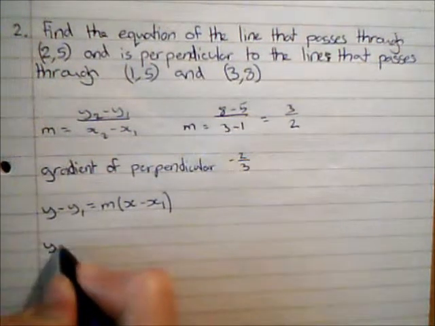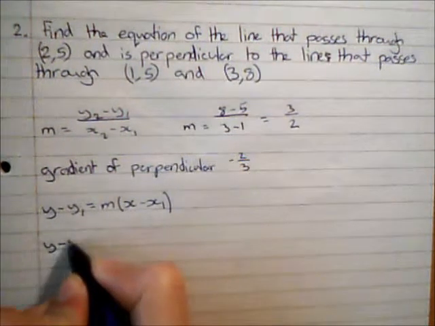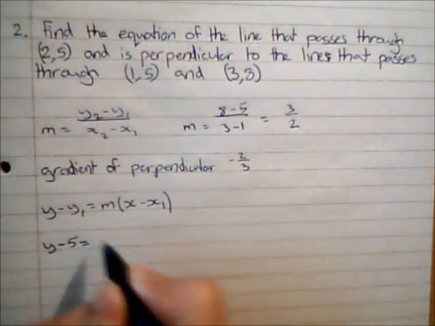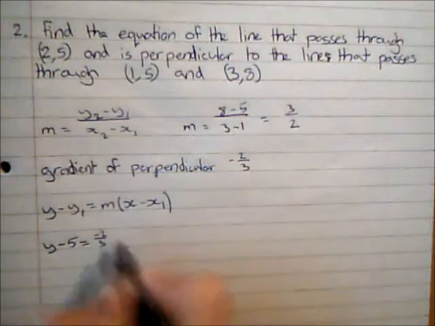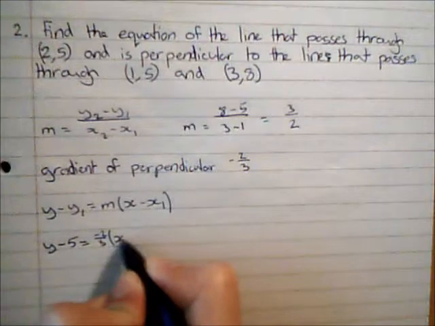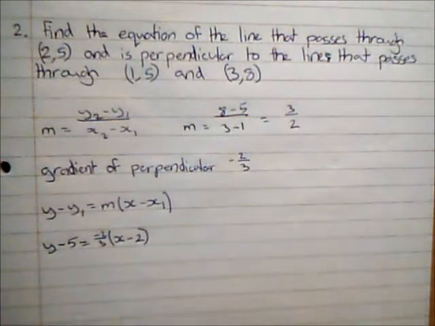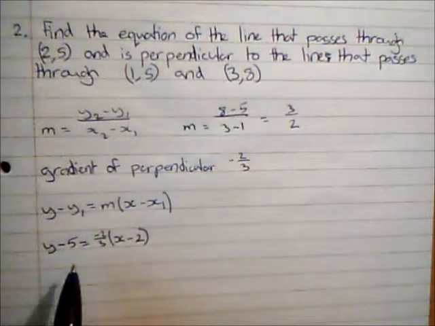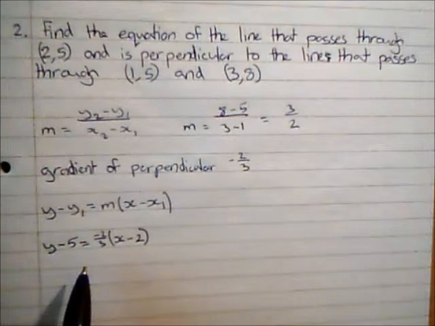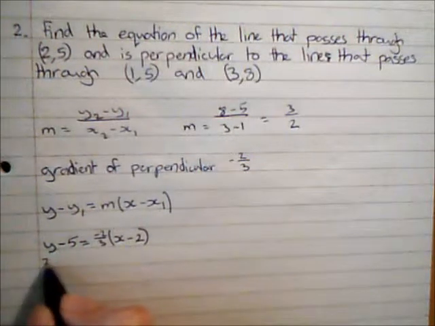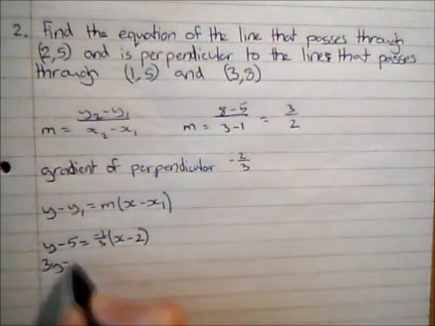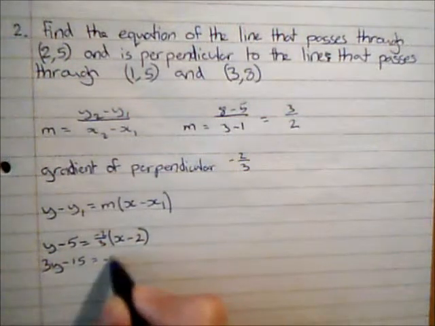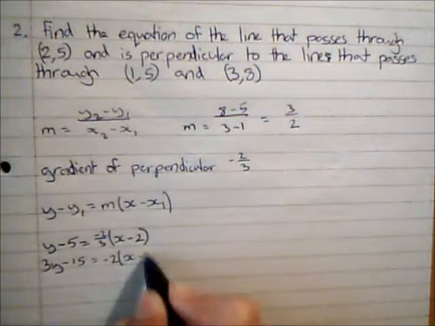So y subtract 5 equals -2 over 3 (x minus 2). I'm going to multiply through by the denominator of this fraction, so I'm going to multiply through by 3. So 3y minus 15 equals -2(x minus 2).